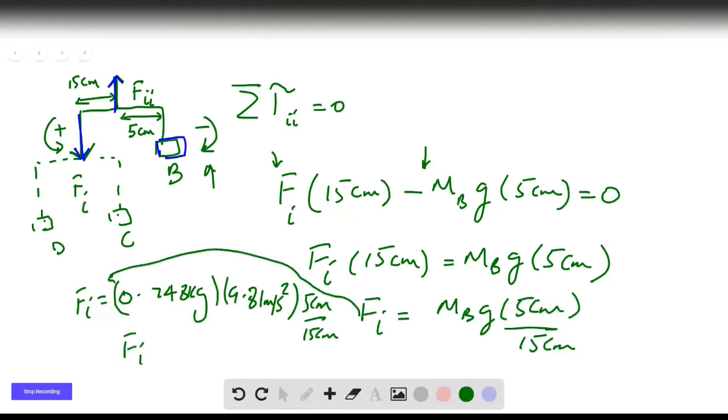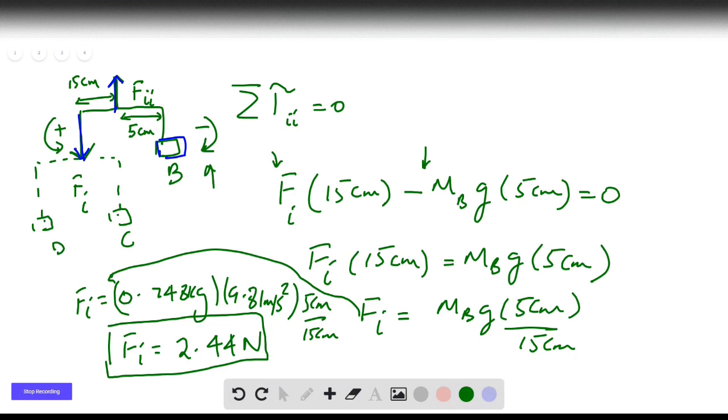And so now we do have a number for F1, and it turns out to be 2.44 newtons. That's F sub I, or F sub Roman numeral 1, 2.44 newtons.